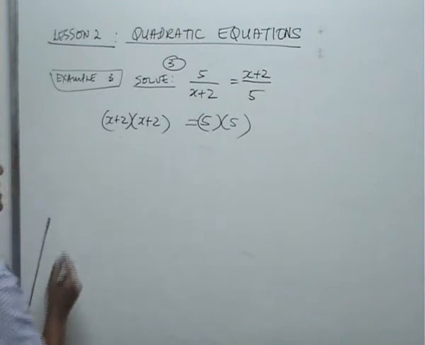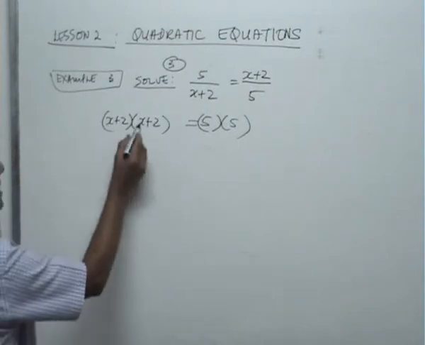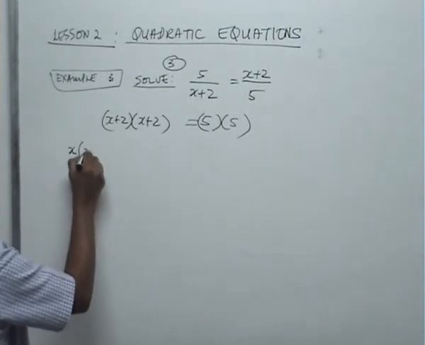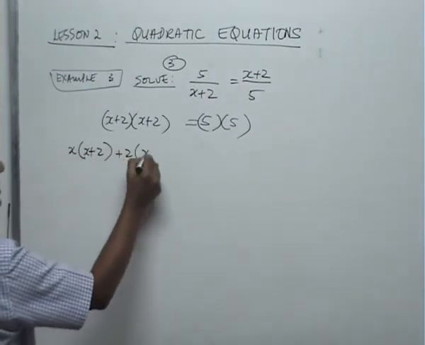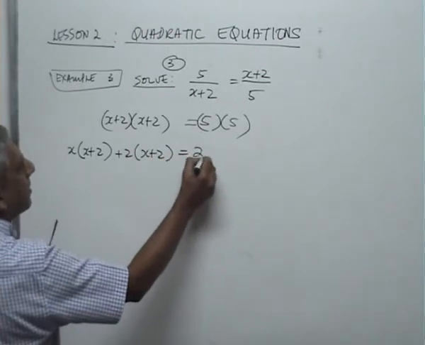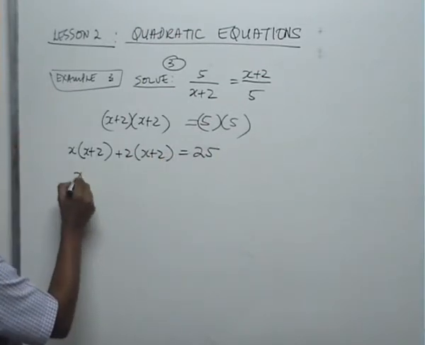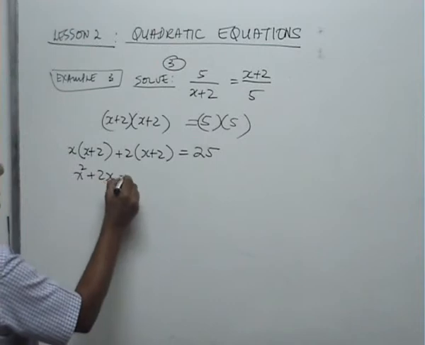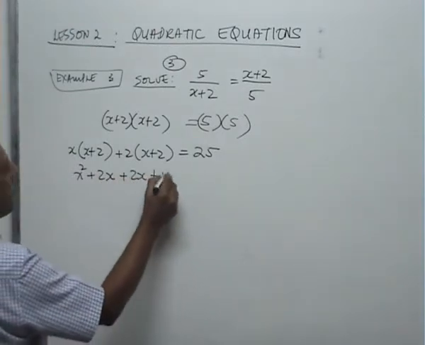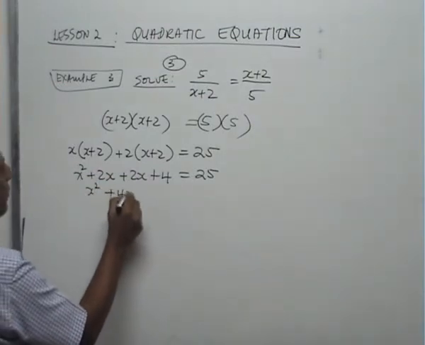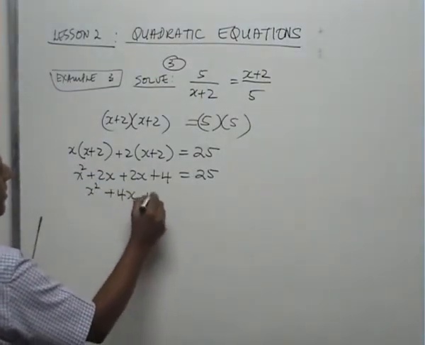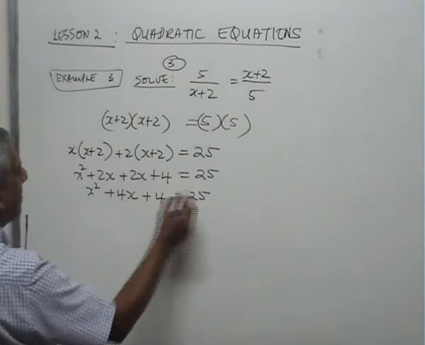And then a little bit of products which we did long time ago. Let's do it step by step then. You write the bracket down 2 times, isn't it? So that gives you x squared plus 2x plus 2x plus 4 is equal to 25. X squared plus 4x plus 4 is equal to 25.